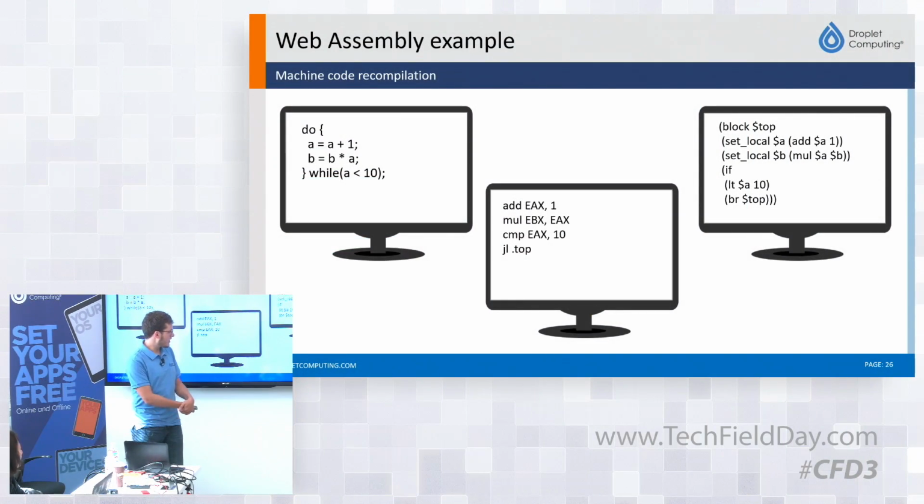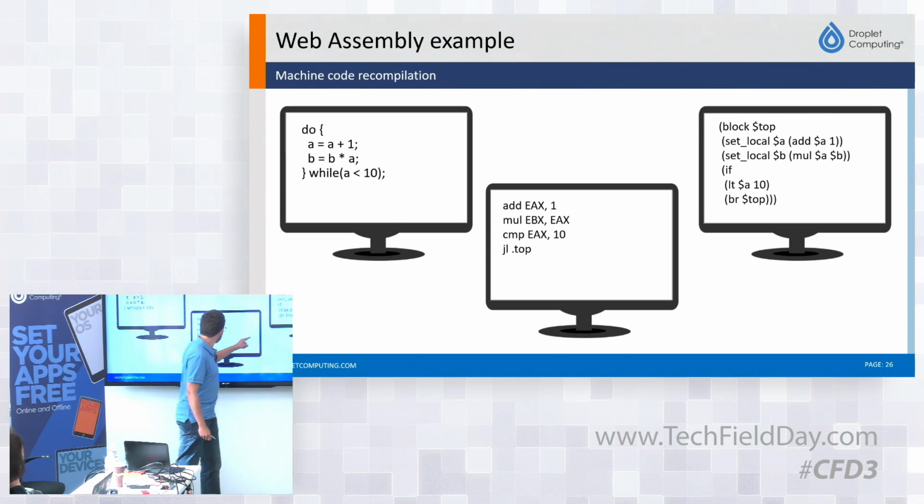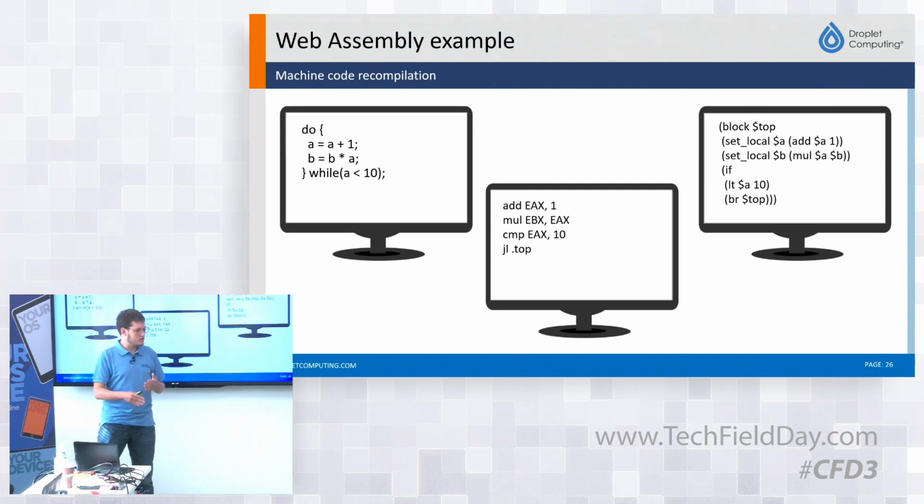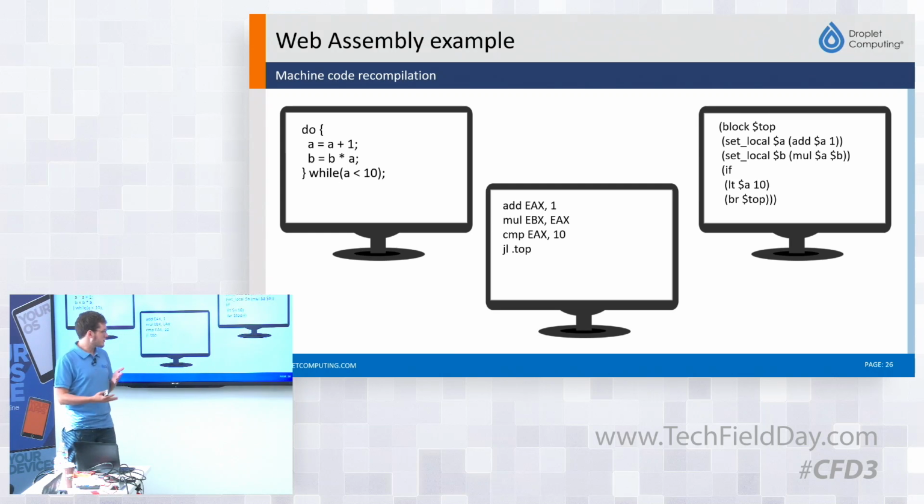In the middle, we have a text representation of x86 assembly, and on the right, a text representation of WebAssembly. You can see that this add and this multiplication are a one-to-one mapping in x86 assembly and in WebAssembly. Those arithmetic instructions, compare instructions, and moves between registers basically correspond one-to-one.